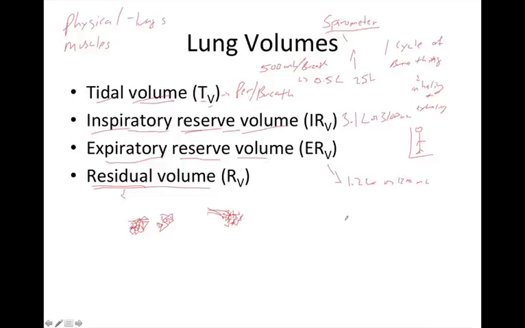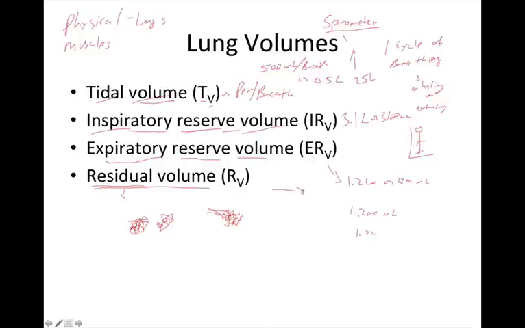There are certain specialized gas tests that you can use to possibly measure or estimate it, but for the most part, we like to say that residual volume in the average person is about 1,200 milliliters, or 1.2 liters. That's essentially residual volume.